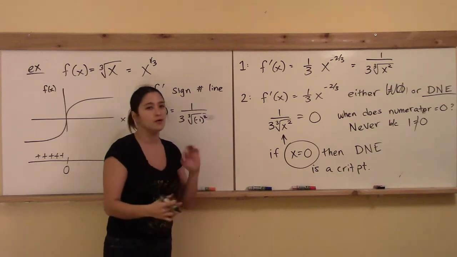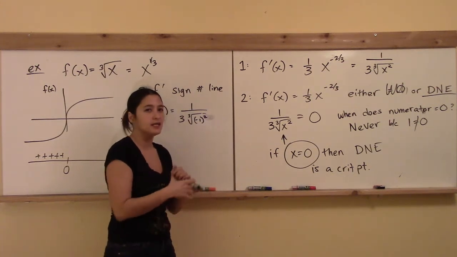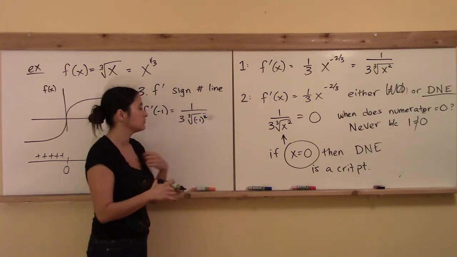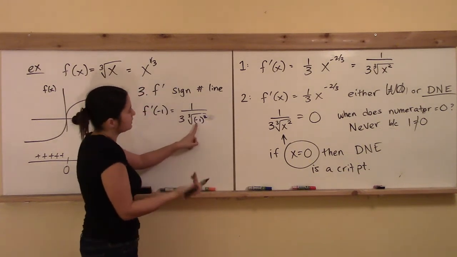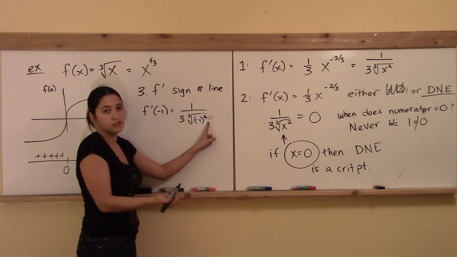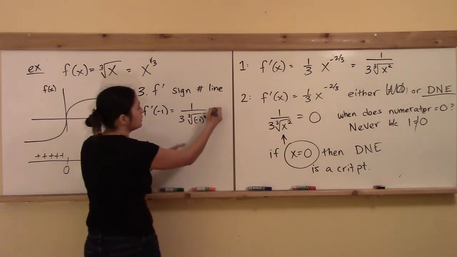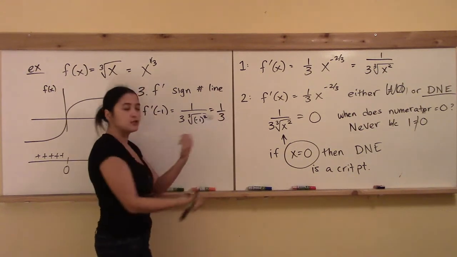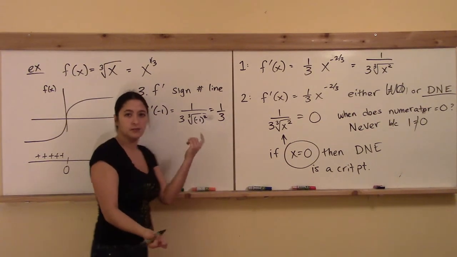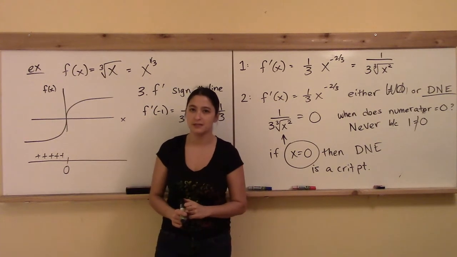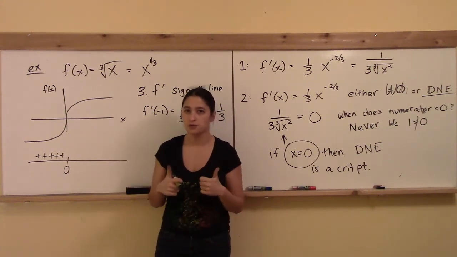You can't square root a negative, or do any even root, but odd power roots are possible over the negative reals. Anyway, that doesn't matter because the quantity squared in here squares away the negative. So the cube root of 1 is 1, so that's equal to 1/3. And sure enough, 1/3 is a positive number, and so I've got 2 different ways to make sure I filled this out right. I hope you use both.